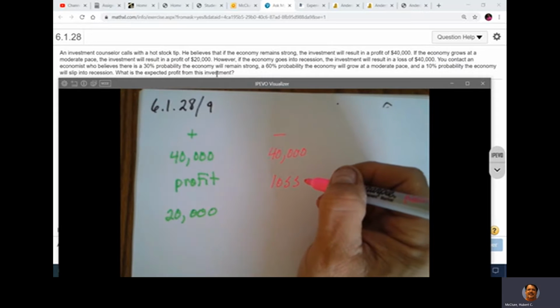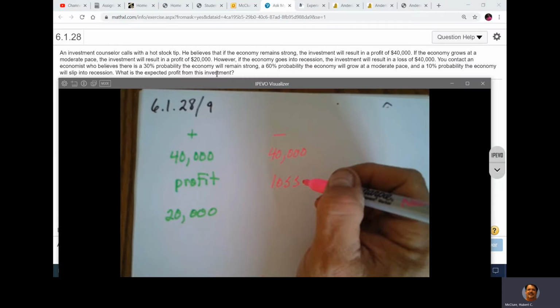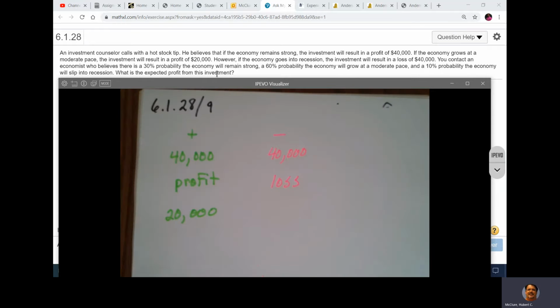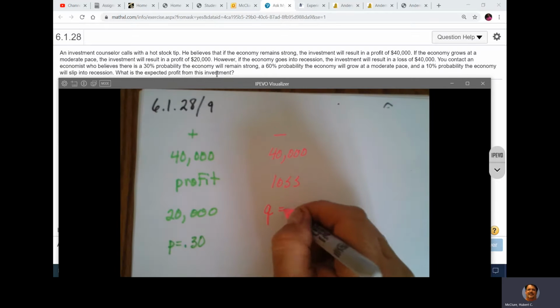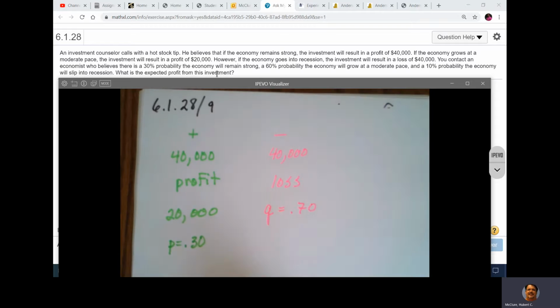And you contact an economist who believes there is a 30% probability the economy will remain strong. So that's 0.3. So P is equal to 0.3. Therefore, Q is going to be equal to 0.7. So that means 0.7 is failure.